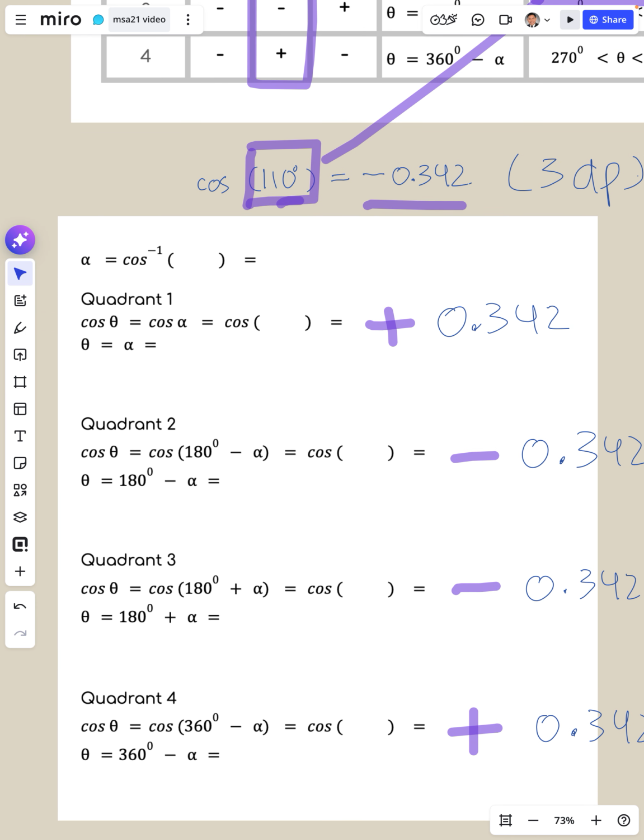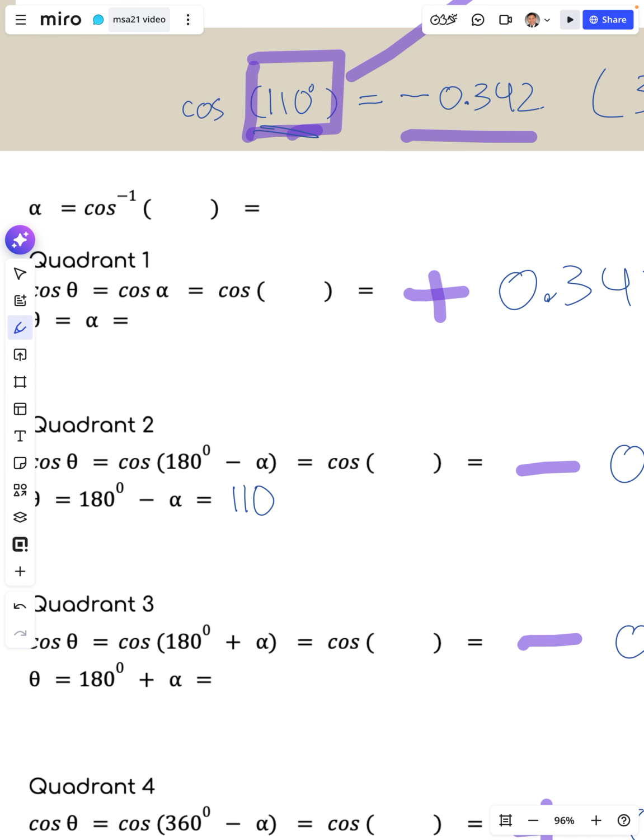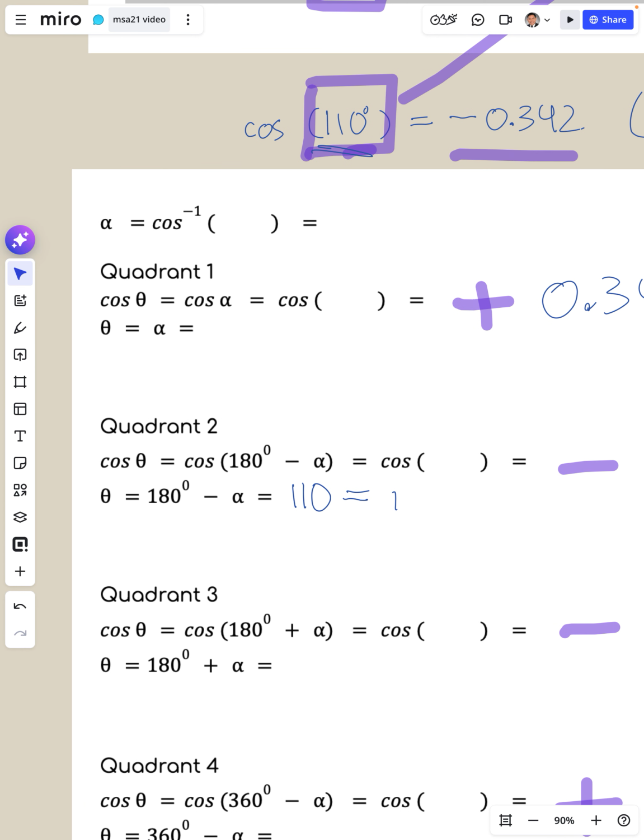Now the angles, very simple. Cosine 110 is in quadrant 2, which means 110 is 180 minus alpha. What is your conclusion? Alpha is 70 degrees.